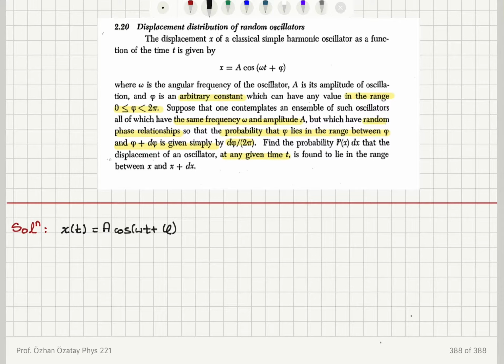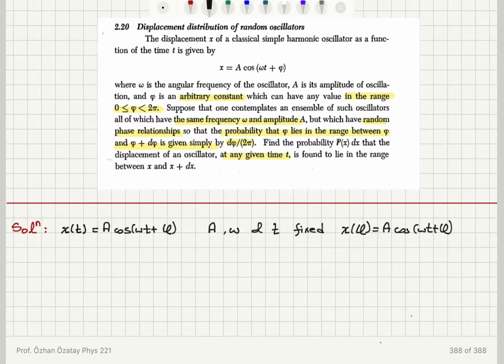So a, omega, and t fixed. So we have basically x also a function of phi, which is a cosine omega t plus phi.